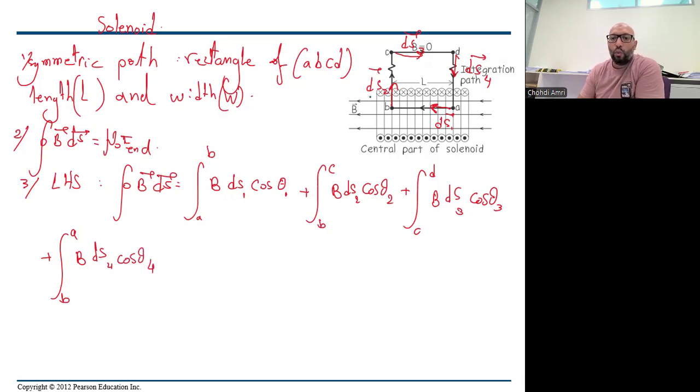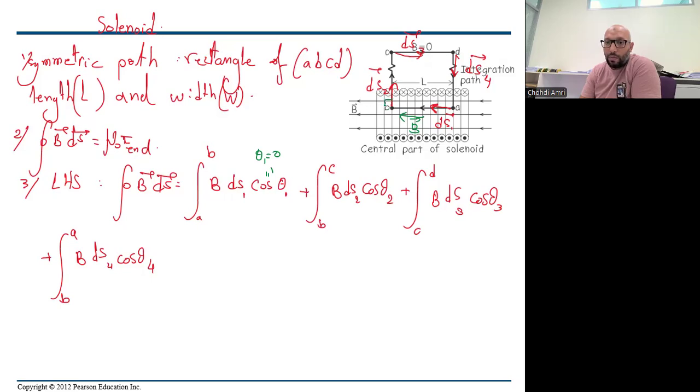Now we will discuss the angle between ds and B. For the first case, from A to B, ds is going left in the same direction as the magnetic field, which is going left by itself. So the angle between them will be 0. Theta 1 is 0, so cosine theta 1 is 1. For the second case, ds is going vertical, and the magnetic field is going horizontal.